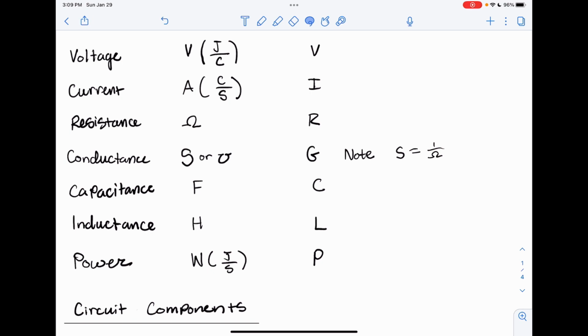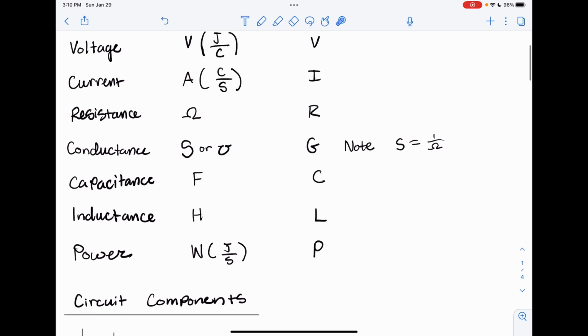Its dual is the unit of conductance, which is expressed in Siemens or mhos. Now, Siemens is that capital S, and mhos is that upside down omega. Funny story, actually. I'll use my pointer here. This guy is just an upside down omega, and the unit for resistance is ohms, and the unit for conductance is mhos, which is just ohms spelled backwards.